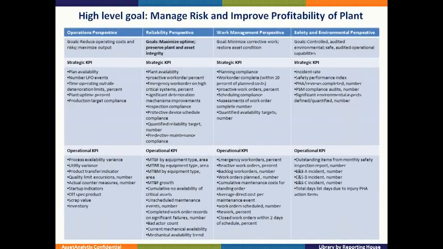In this case, there was a specific goal, and then they came up with a strategic operational perspective, with goals, strategic KPIs, operational KPIs. This is the way they differentiated. Most of these strategic ones will be lagging indicators, and the operational ones will, in most cases, be leading indicators. This could be done at a department level, at a functional level, so you can divide based on how you think you can best manage it.